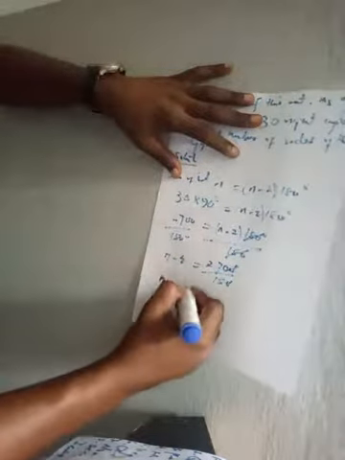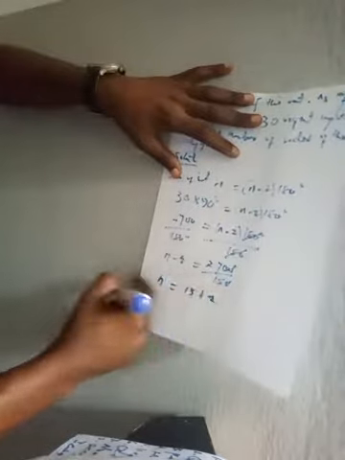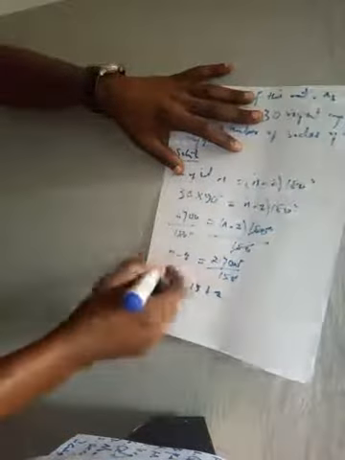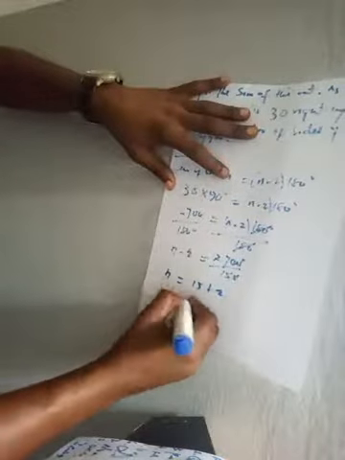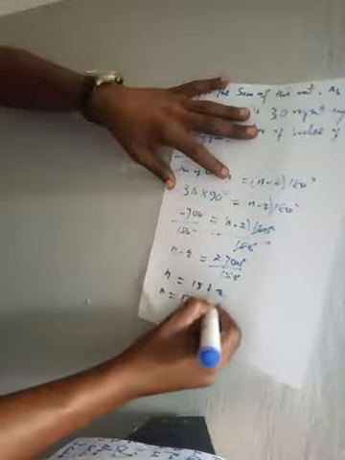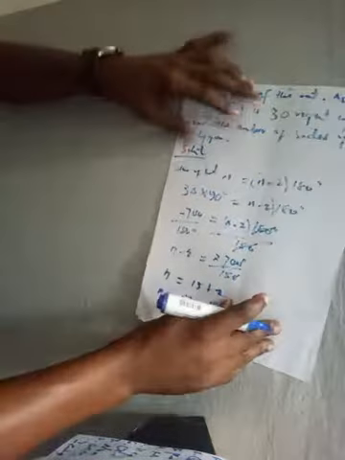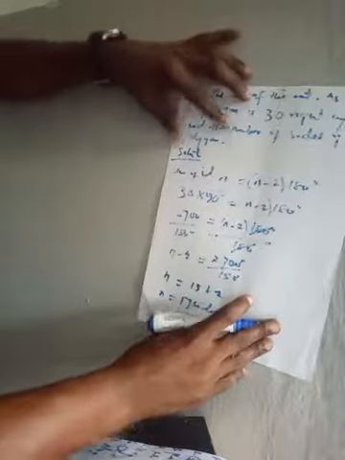So we have n minus 2 equals 15. The minus 2 we have to cross over, so we have that n is equal to 17 sides. So the polygon has 17 sides.